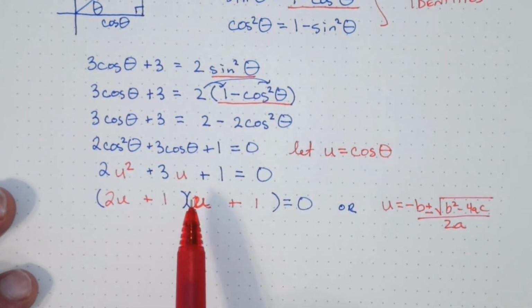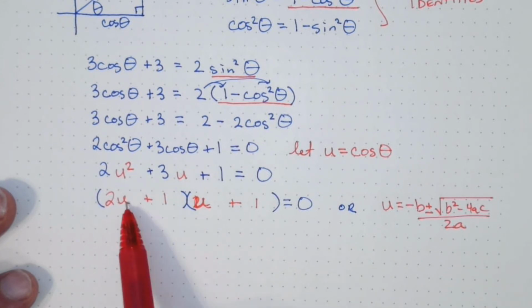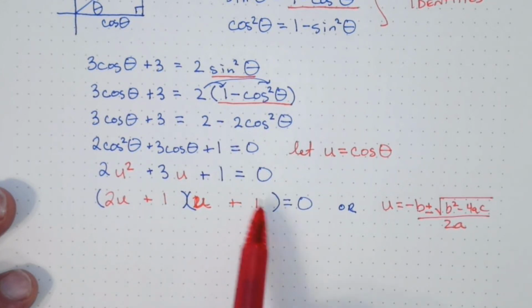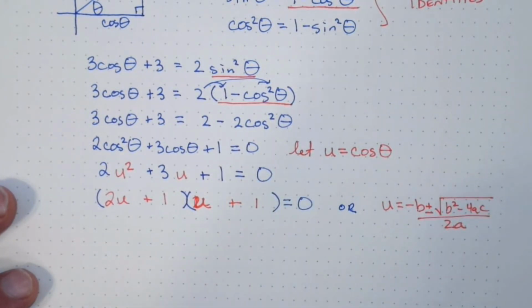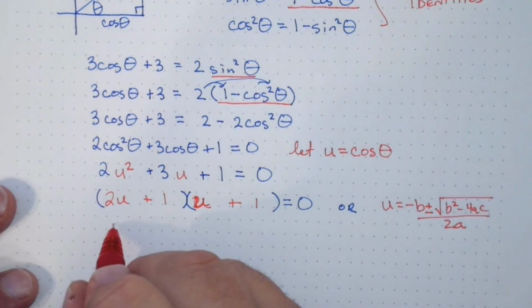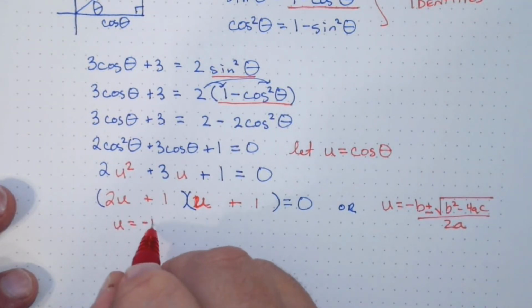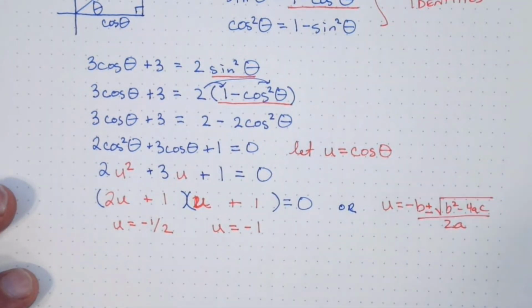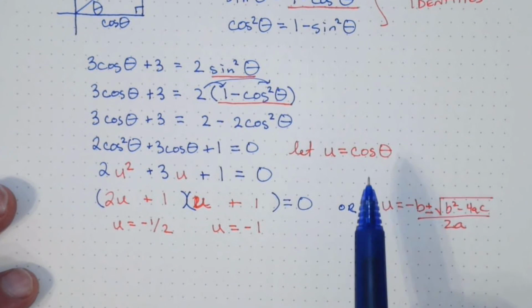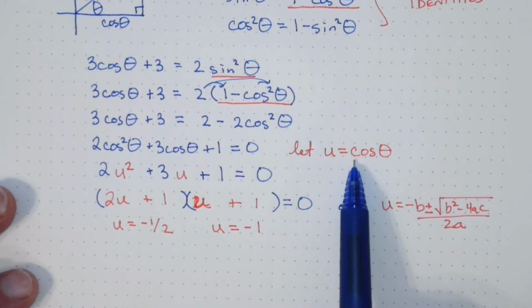So 2u times u is 2u squared, 2u times 1 plus 1 times u, that's going to give me 3u, and then 1 times 1 is going to give me 1. So if I solve, this is going to mean that u needs to be equal to negative 1/2, or u needs to be equal to negative 1. But remember, what did we substitute for u?